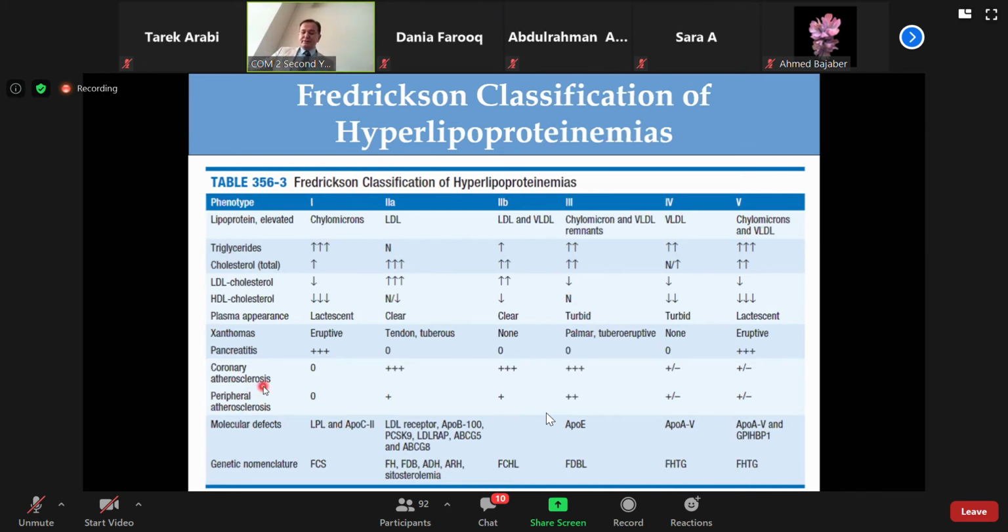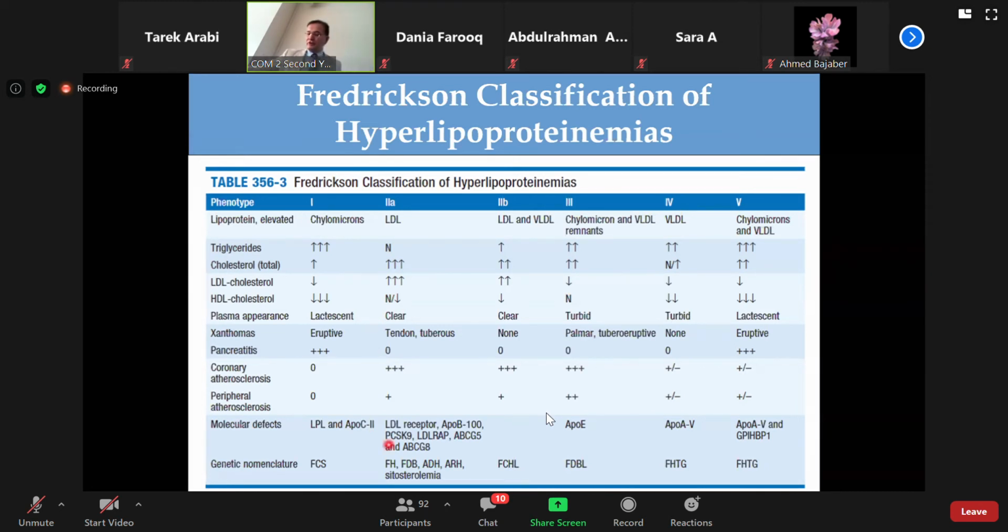Okay? At the same time, if you look into atherogenesis, in coronary atherosclerosis or peripheral atherosclerosis, you'll find 3 types. That includes type 2A, 2B, 3, and these are associated most likely with which lipoproteins? LDL cholesterol.